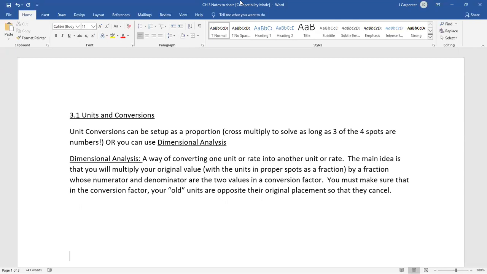All right, so units and conversions. And if you've had a high school biology or chemistry class, then you should have done something called dimensional analysis. You may have even done this in your high school algebra class, depending on where you had school.